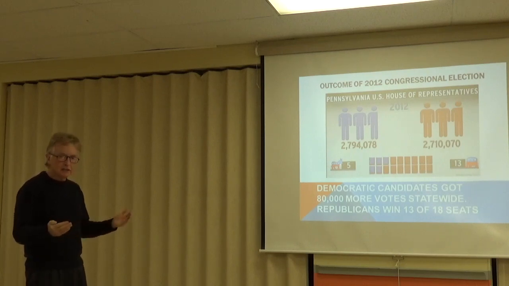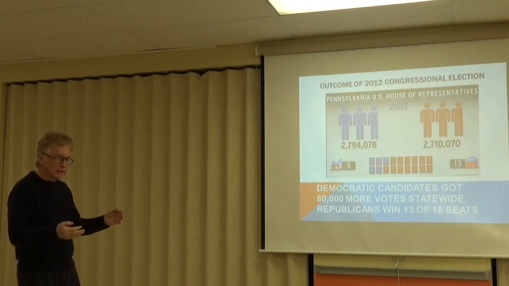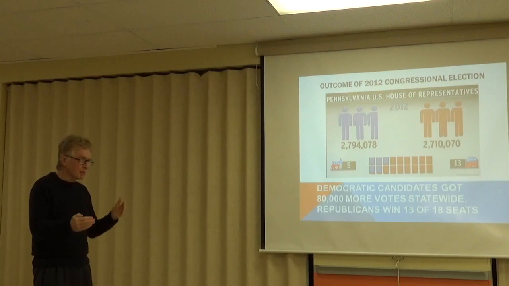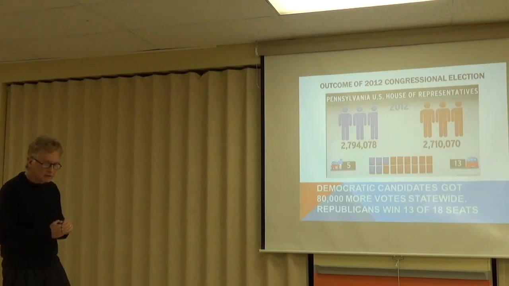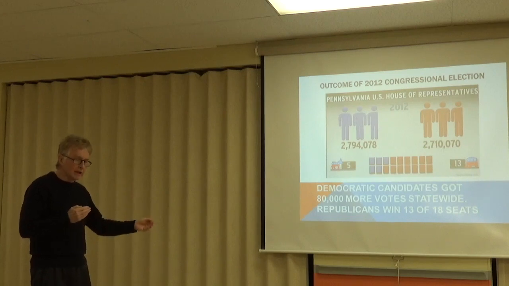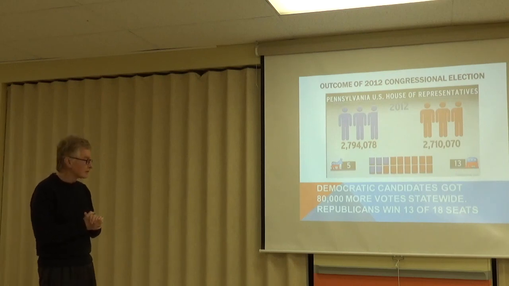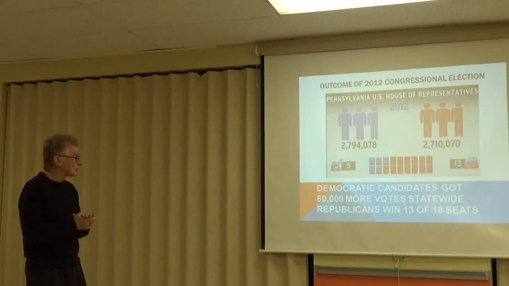So if we had 18 different congressional seats, you would think that if there was only 80,000 votes that separated the two parties, and we had 18 seats, that it probably would end up 9 Republicans and 9 Democrats that would enter the House of Representatives as our representatives to Congress. But that's not what happened.